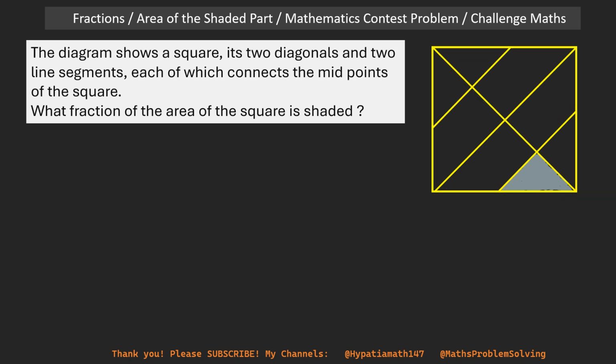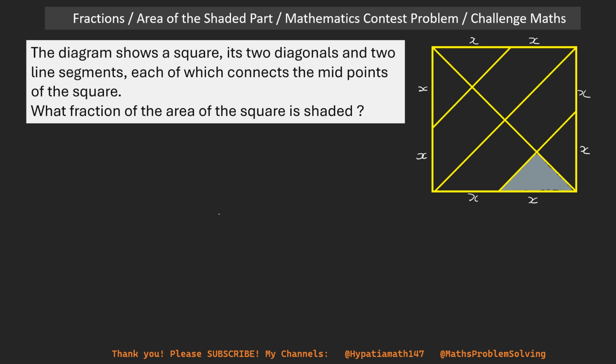So I think there are quite a few ways to do this. My method is a bit long as always and involves a bit of algebra. What I'm going to do is call it x, assume that half the length is x. So all of it will be 2x.